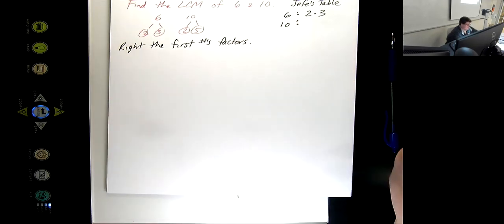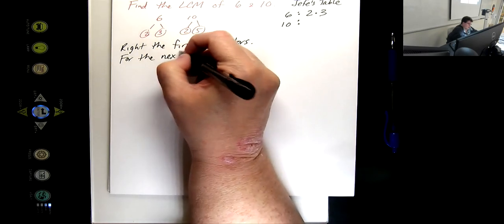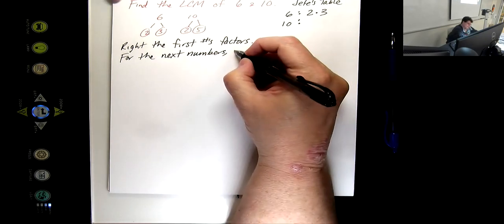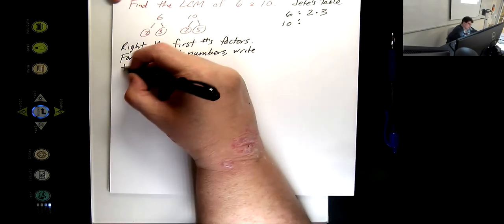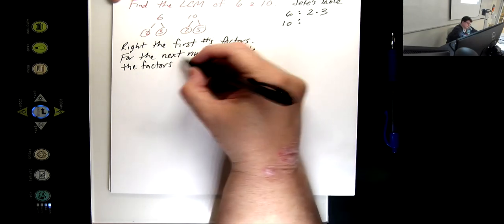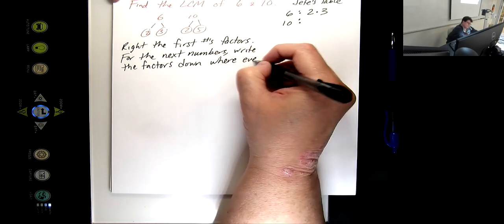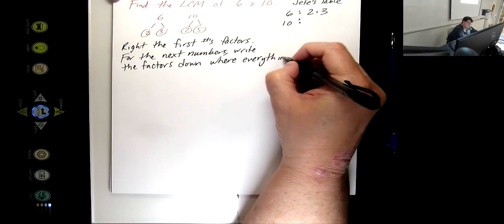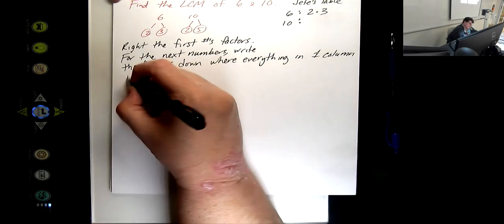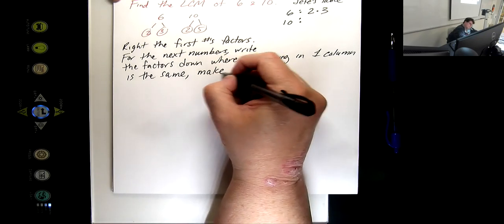Now, for the next number, and all numbers if we're doing more than 2, write the factors down where columns match up. Where everything in one column is the same. Making a new column if you need to.